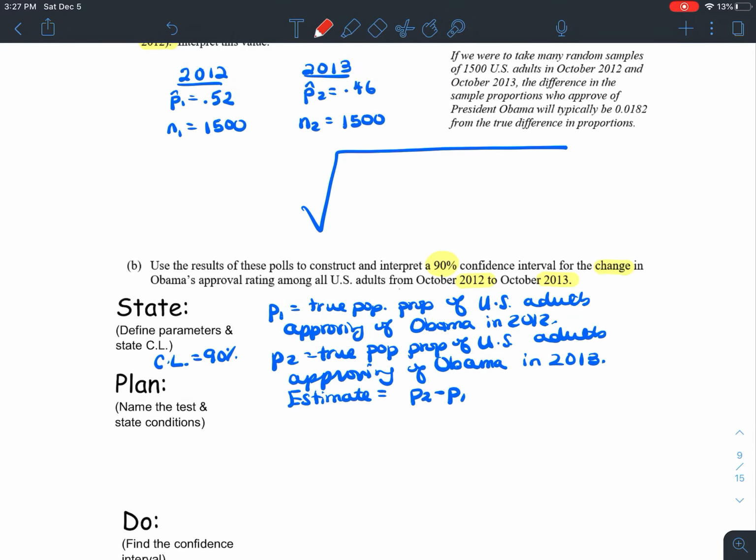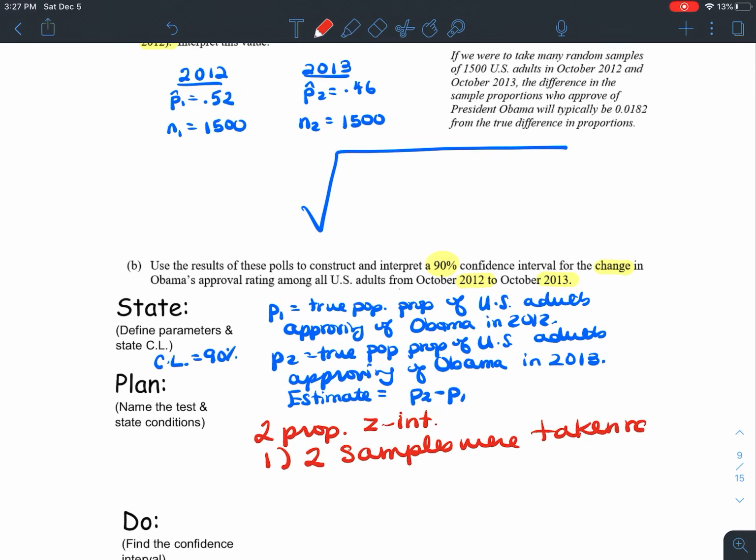All right, so now we're going to name the test, and we're going to state our conditions. Okay, the test name is a two-proportion Z interval. Our conditions, we can say the two samples were taken randomly and independently.